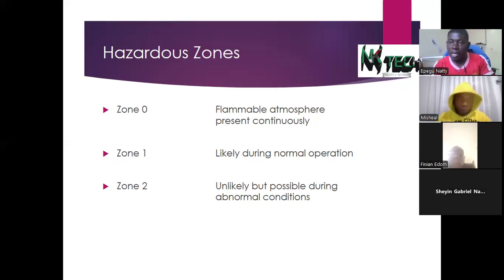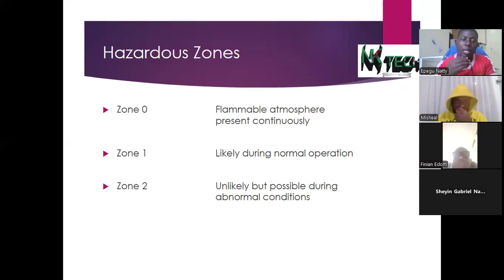So all those leak areas and seal areas are prone to accidents. Those areas are in zone 1. So when you're doing your layout for your plant, you know the areas to put as your zone 0, your zone 1. Your pipelines are zone 1. Your storage tanks, your vessels, they are zone 0.